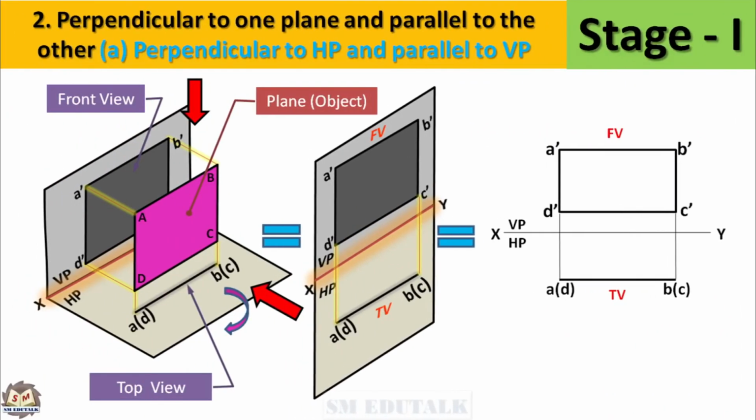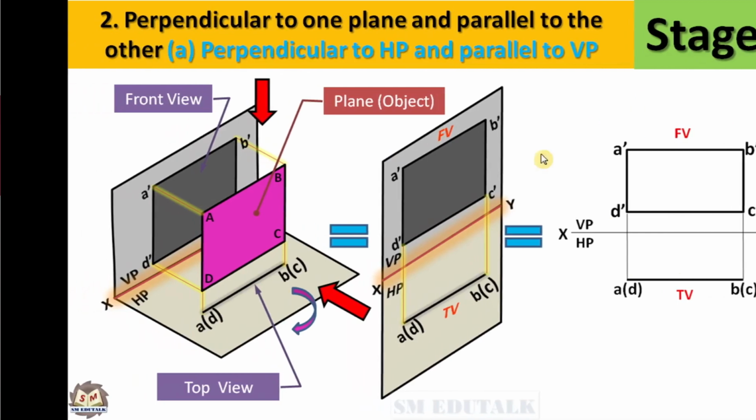This position is further divided into two subpositions. You are seeing the first one, perpendicular to HP and parallel to VP. We have seen this also in projection of planes part 1 video. Look at the rectangular plane, top view appears as a line and the front view appears as a plane. You can see this in orthographic views also.